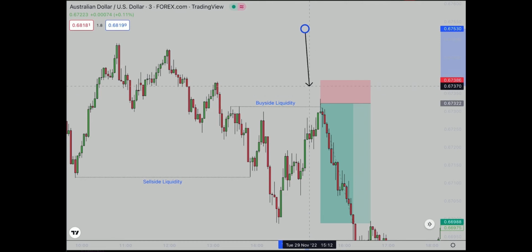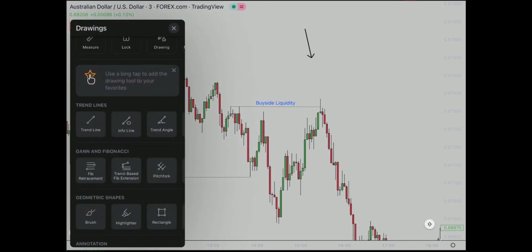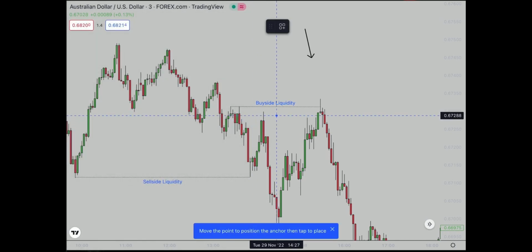Okay guys, so this is how setting up your entry would look. Here you go.